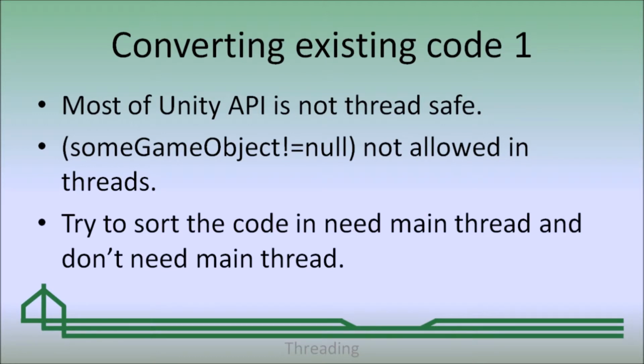And try to sort the code into what needs to be done in the main thread and what doesn't, because this helps when you're executing, because then you don't have to switch that often between the threaded world where you have a lot of horsepower or CPU time, and the main thread where you only have one CPU and you have to compete with all the other Unity stuff.